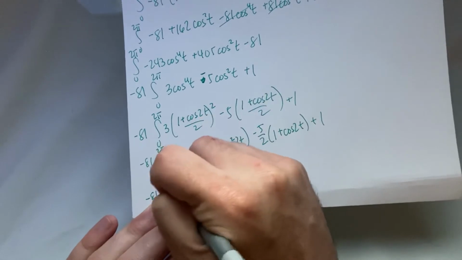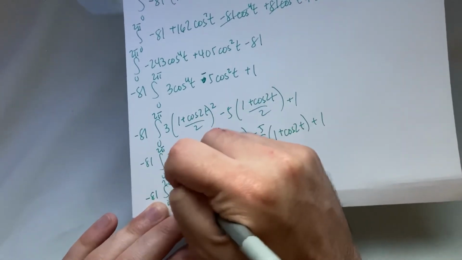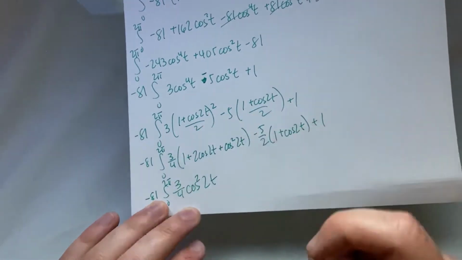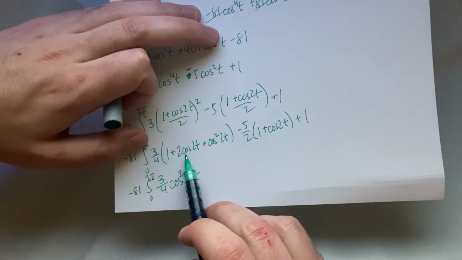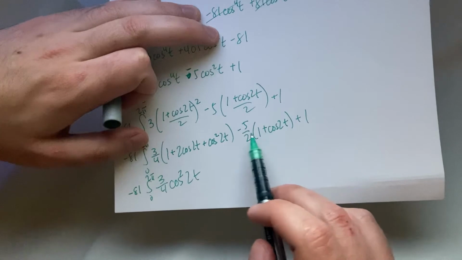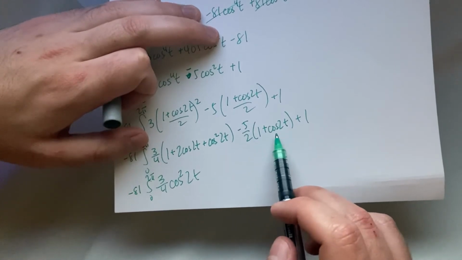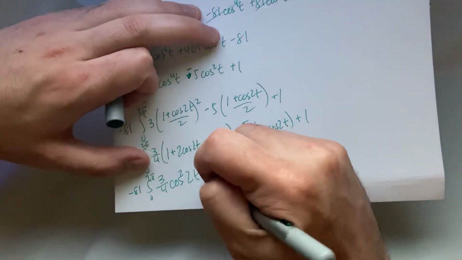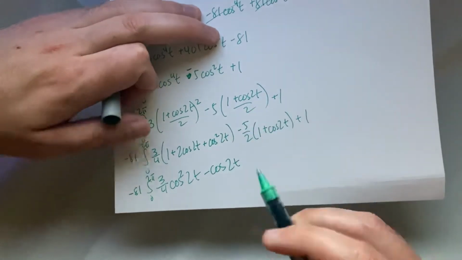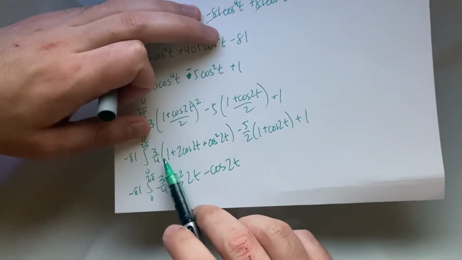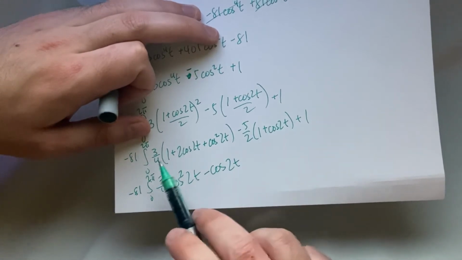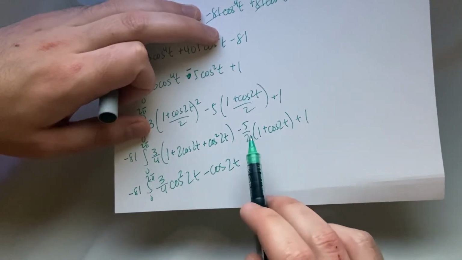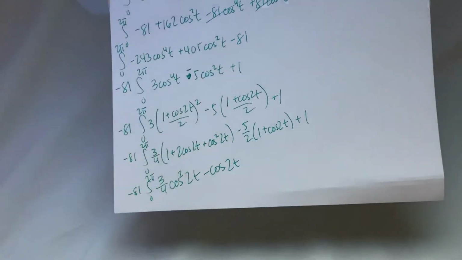So I'm going to leave this 3/4 cosine squared 2t. Combine my other terms. We have 3/4 times 2, so 3 halves minus 5 halves cosine 2t. It should be minus cosine 2t. We have 3/4 minus 5 halves plus 1. So that's 7/4 minus 5 halves, or 7/4 minus 10/4, so it should be minus 3/4.